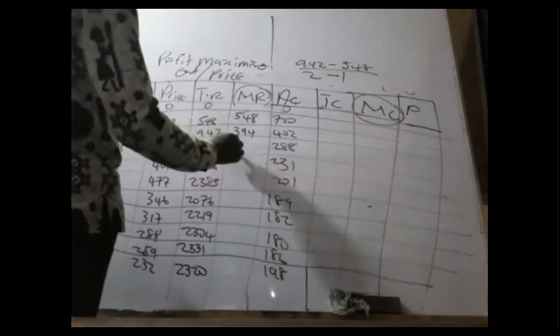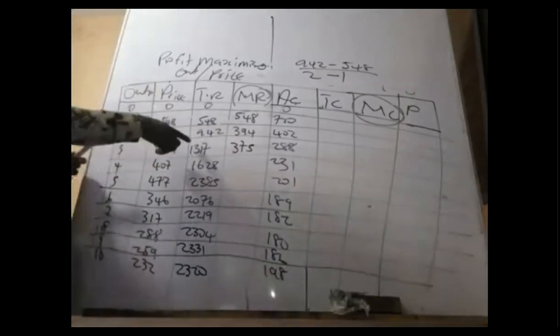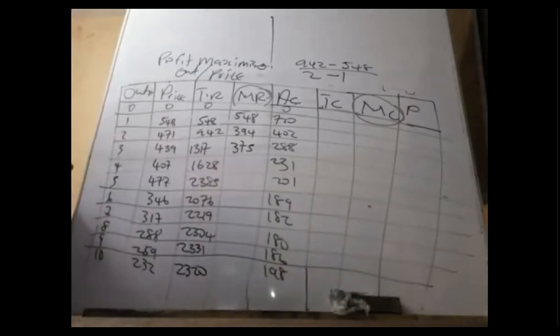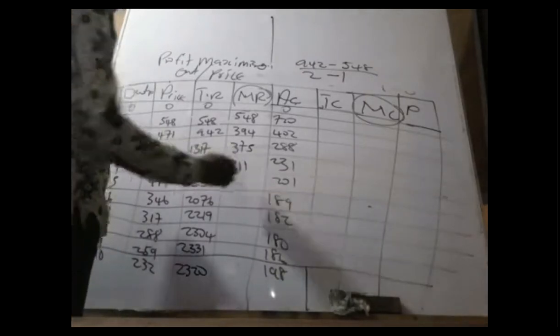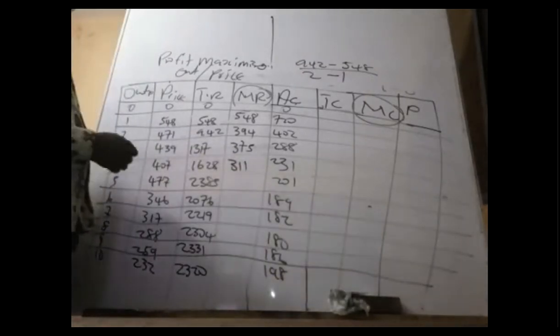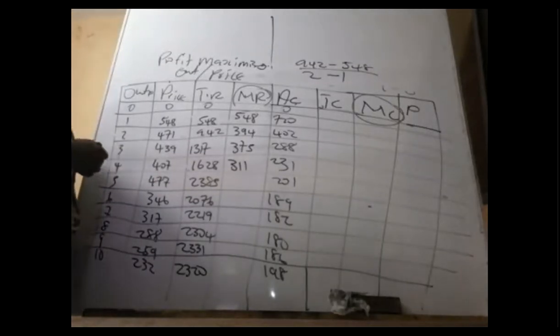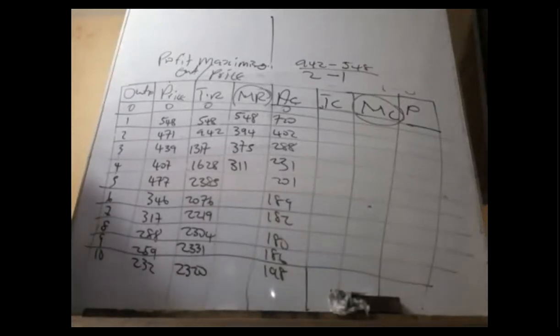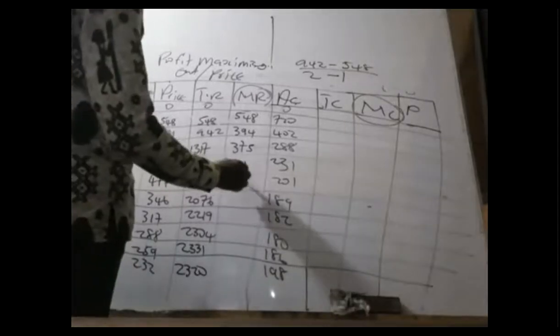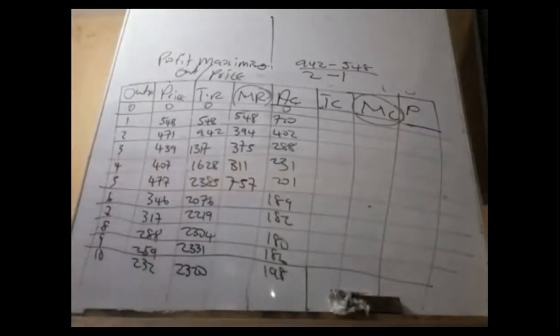So 375 is the next one. That's this minus this. Perfect, in that order. 311. This minus this. 757. I agree.